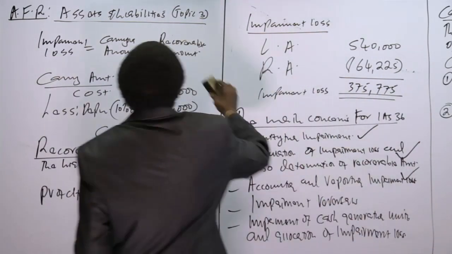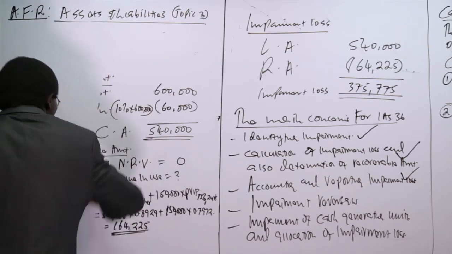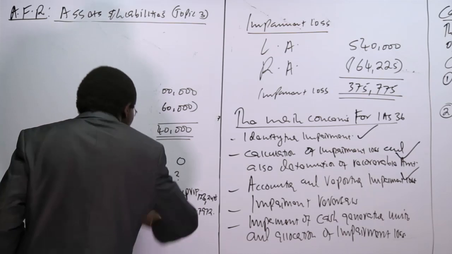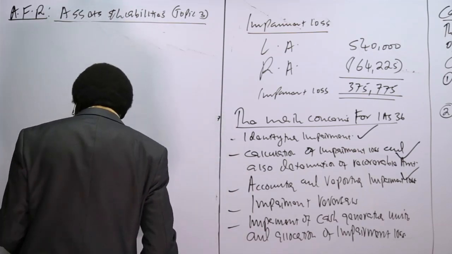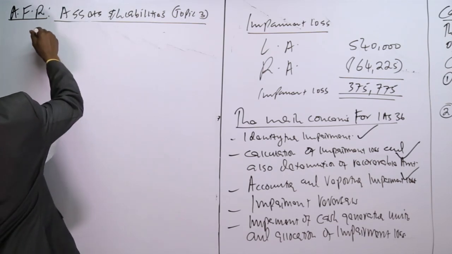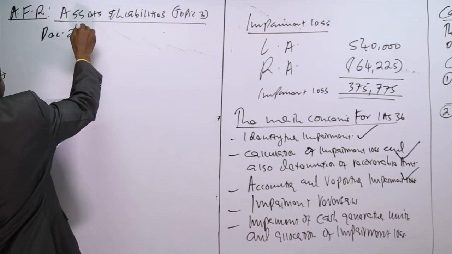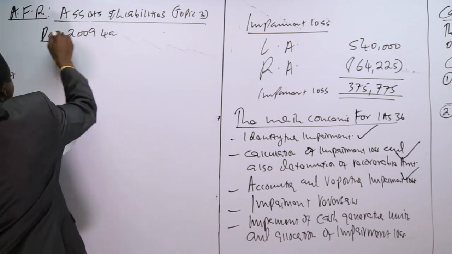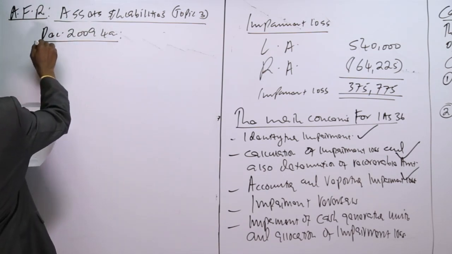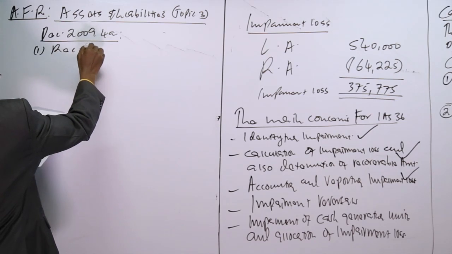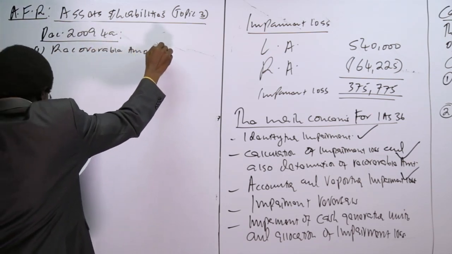We can start with identifying the recoverable amount. So this is a question that was done in December 2009, question 4A, about impairment loss. Then Roman 1 is about the recoverable amount for each unit.